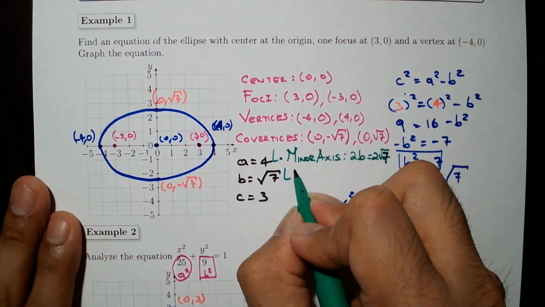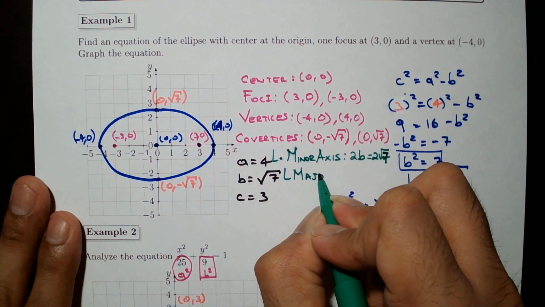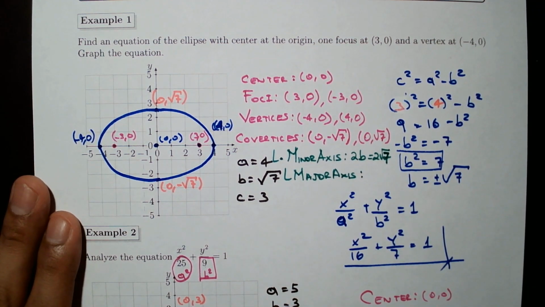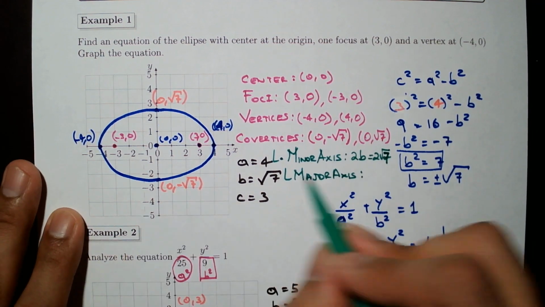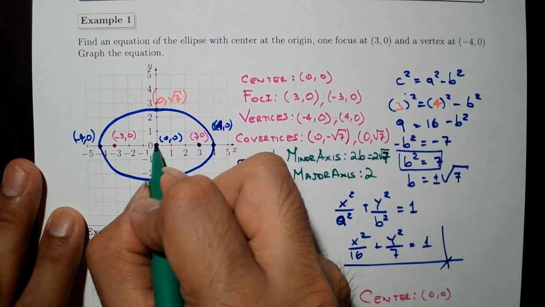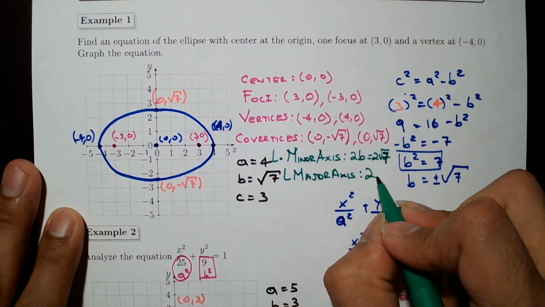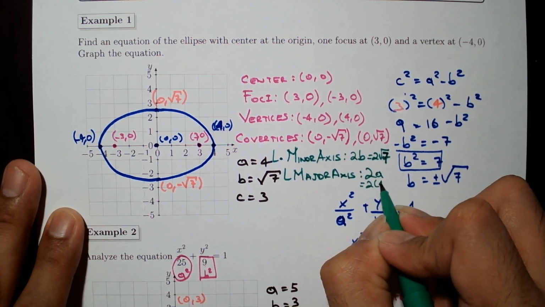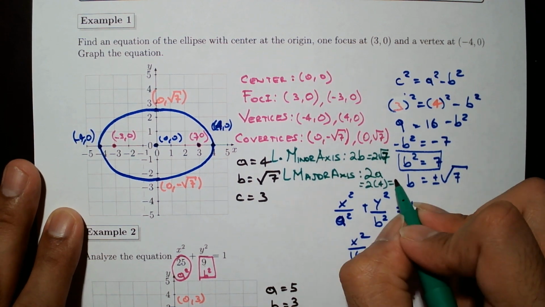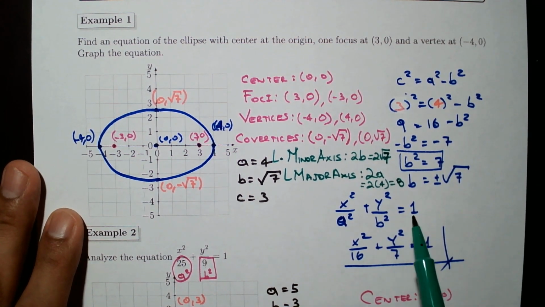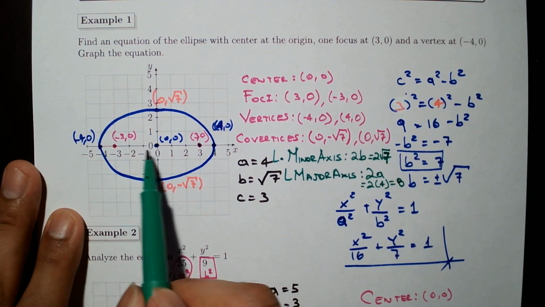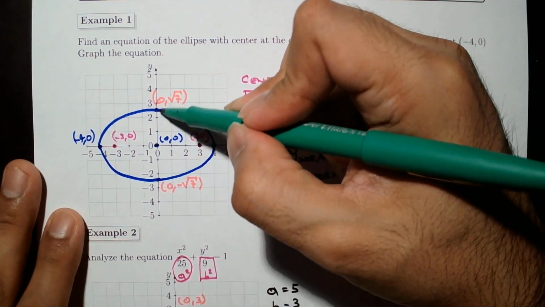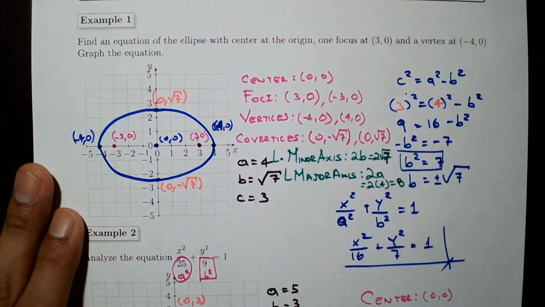And the length of the major axis, which is 2 times the length from the center to the vertex, which is a, that is 2 times 4, which equals 8. So 8 units is the length of this major axis, and 2 root of 7 is the length of the minor axis.